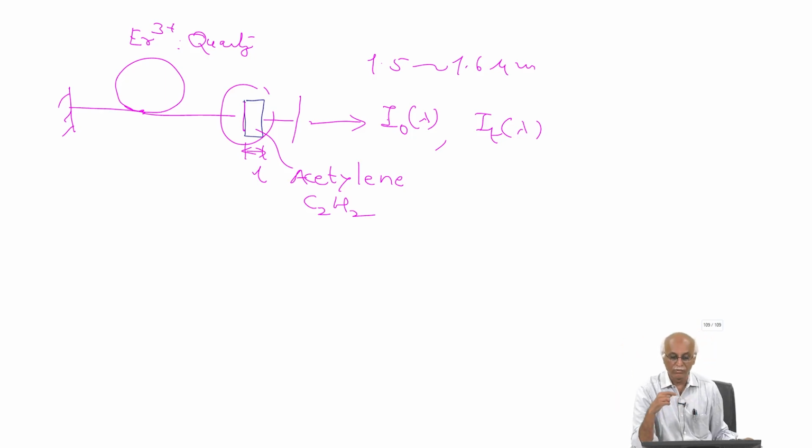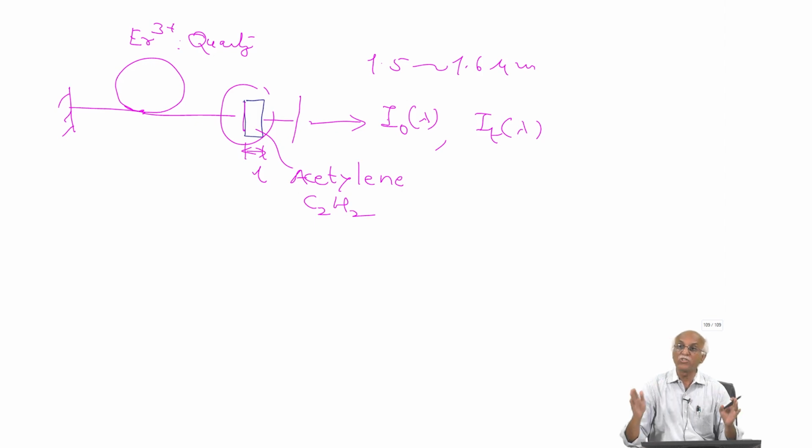Okay. So, now how will you tune the laser to this particular wavelength? You know that when laser oscillates, it is oscillating with a particular frequency depending upon the cavity configuration. The question is how will you tune here in this case?